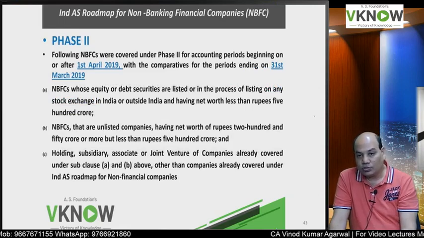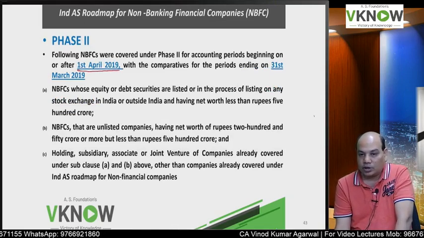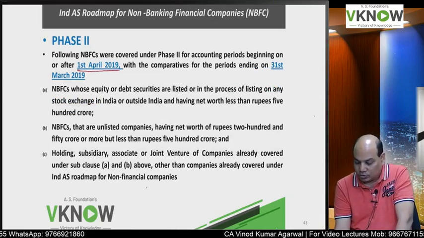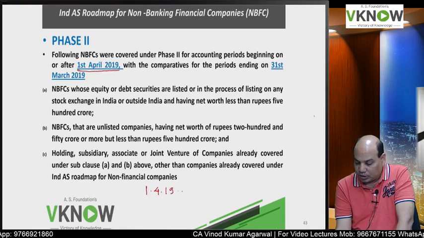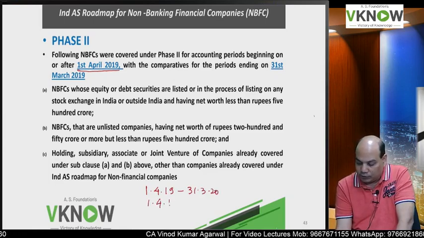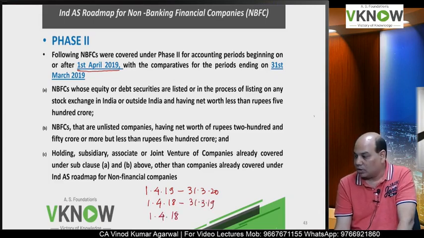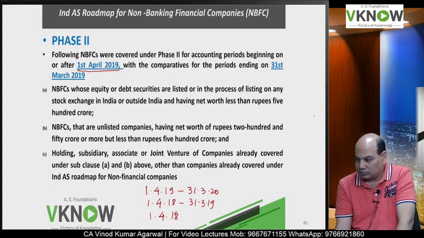But what about phase 2? Phase 2 means accounting year starting on or after 1st April 2019. So this company will have to present financial statements covering the period 1st April 19 to 31st March 20. Comparative will be 1/4/18 to 31st March 19, and one opening balance sheet will be given as on 1/4/18.